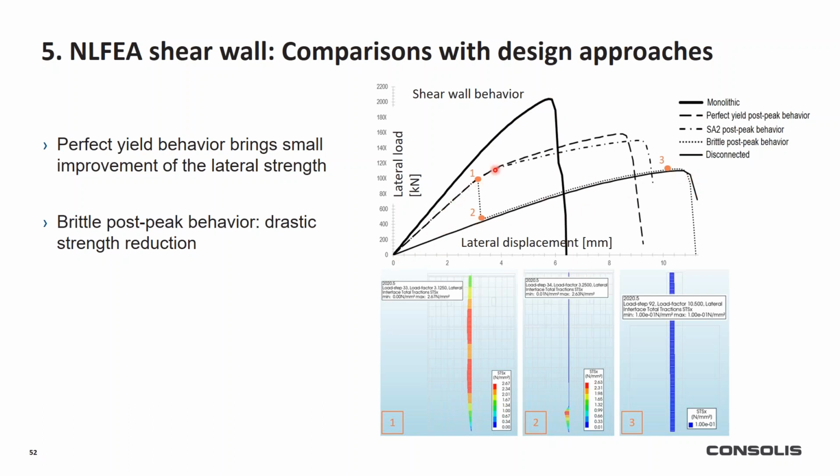We can see here the lateral behavior for the perfect yielding behavior and the experimentally observed behavior for the second test series, and for the situation where the brittle failure occurs and the maximum shear stress is reached, we have a rapid stress redistribution, and the shear walls become independent quite quickly, and they reach the lateral strength of the model with two independent walls.